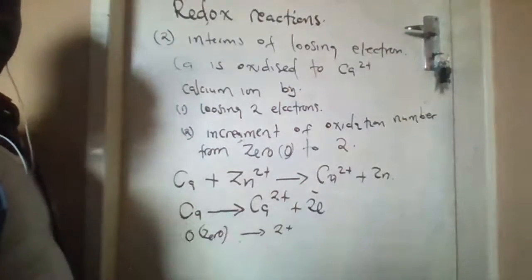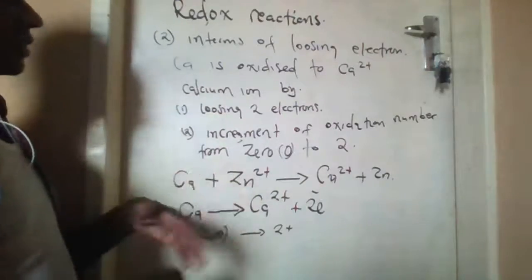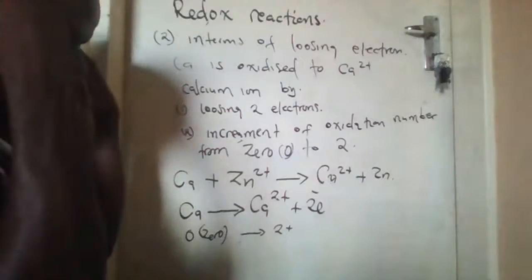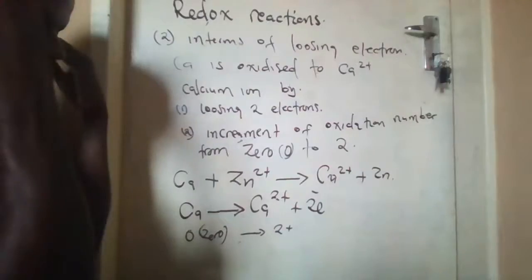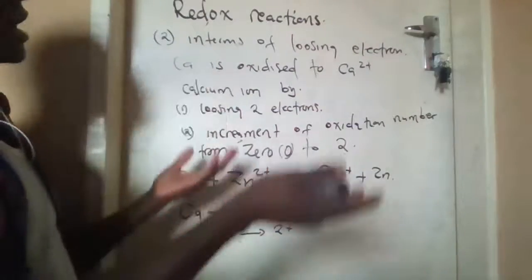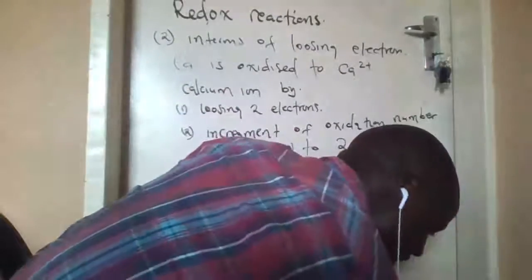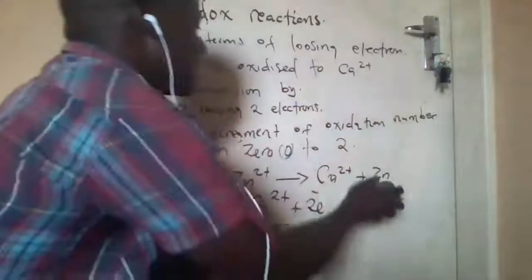It's not by guessing, it's not by magic. You can find the oxidation number of an element when you're given a compound.